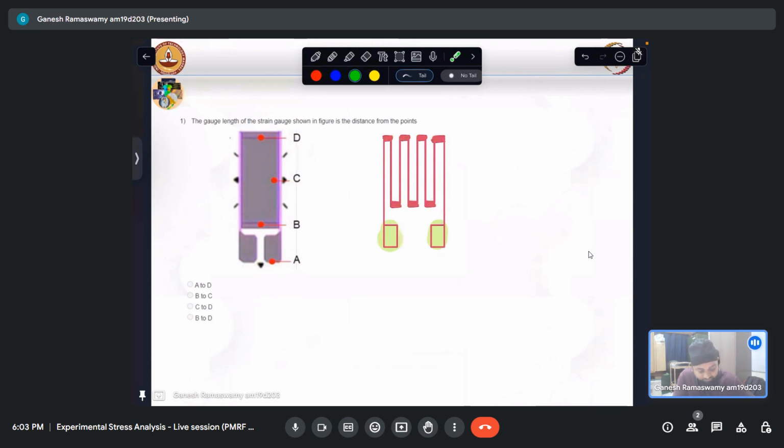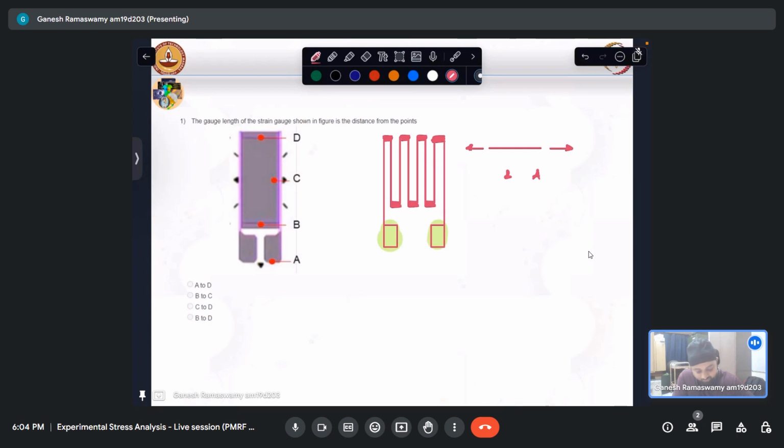So essentially, if I have a wire and I stretch it, its length will increase and its cross-sectional area would decrease. So essentially this would lead to a change in the resistance.